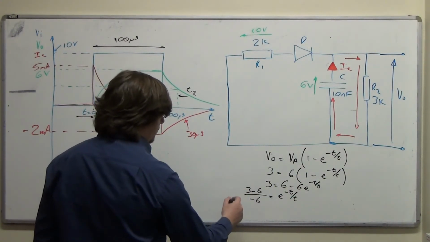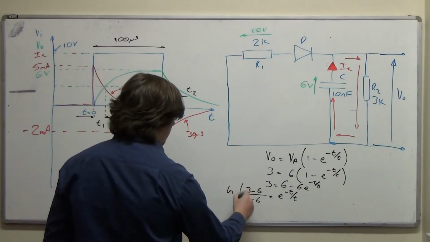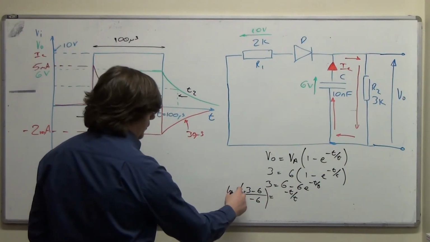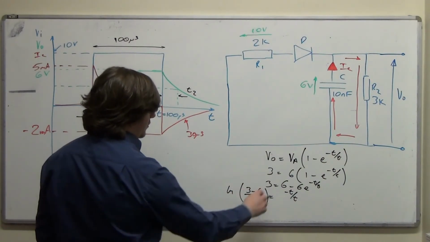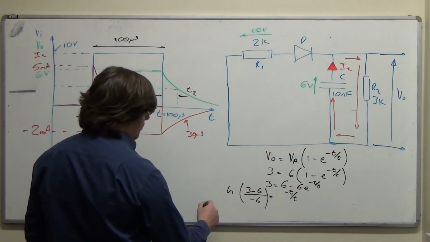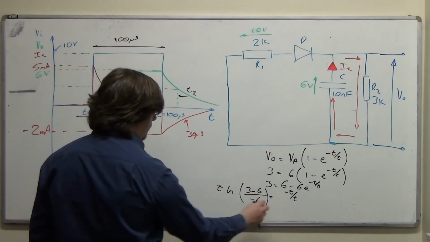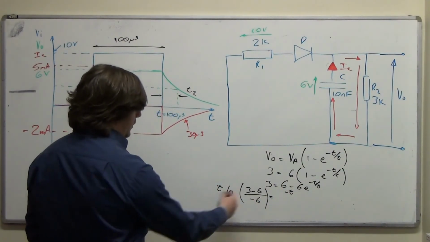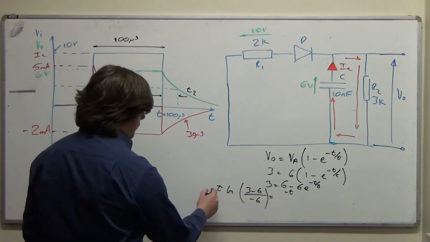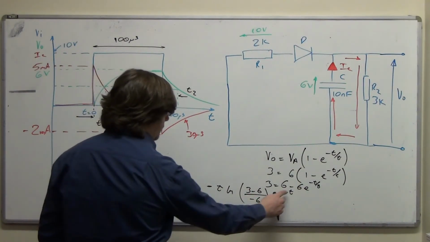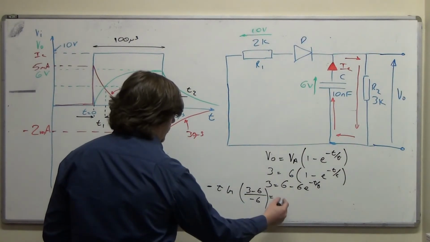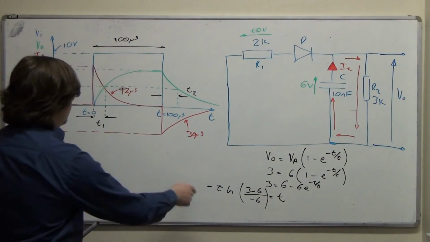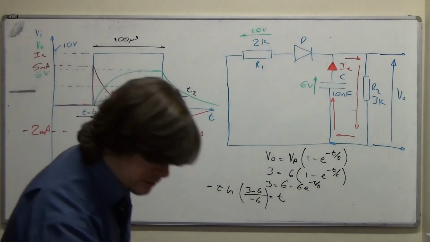Then we'll take logs of both sides, which will give us ln of (3 minus 6) upon minus 6 is minus t upon tau. Then we'll multiply both sides by tau, and then by minus 1, and we'll just have t is that lot. And tau in this case is 12 microseconds.